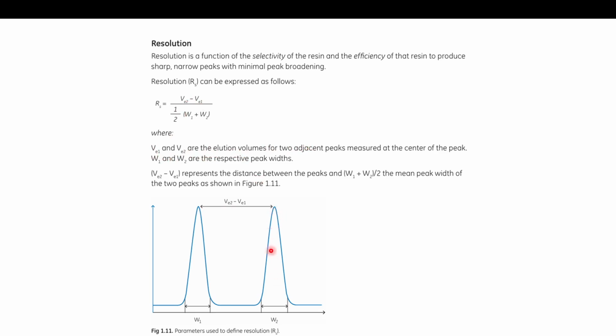This one has a higher elution volume, which means it is of a lower molecular weight as compared to this one. The difference between the elution volumes of the two peaks is divided by the average of the width of the two peaks, W1 plus W2 by 2. This is how we represent or define resolution.